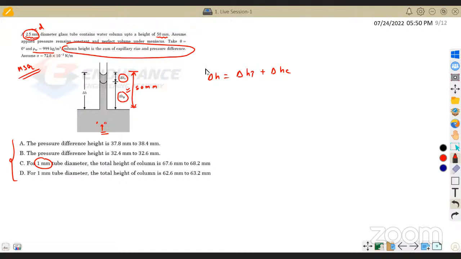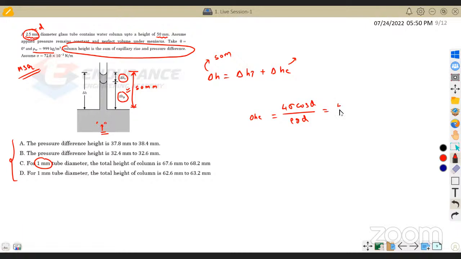How can I do that? We know the total height, which is 50 mm. And if I am able to find the capillary height, we know the formula, right? That is 4 sigma cos theta by rho g D. Just confirm the formula. I guess it is correct. So this will give me the capillary rise.